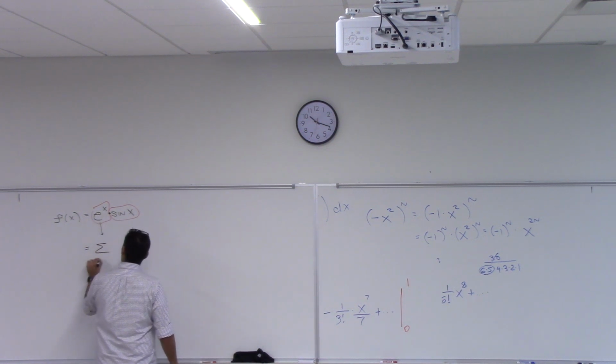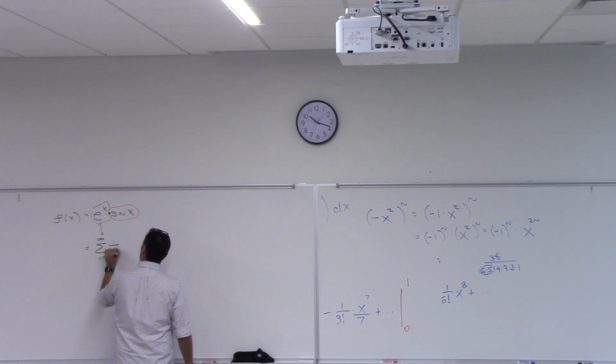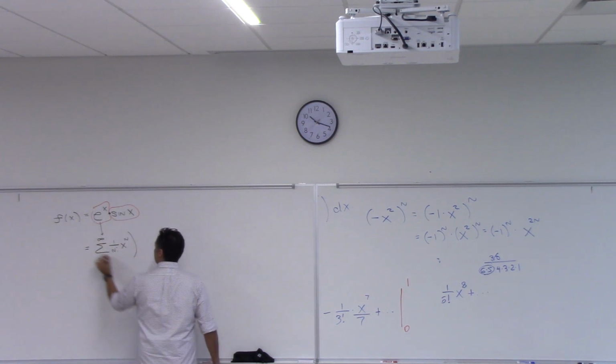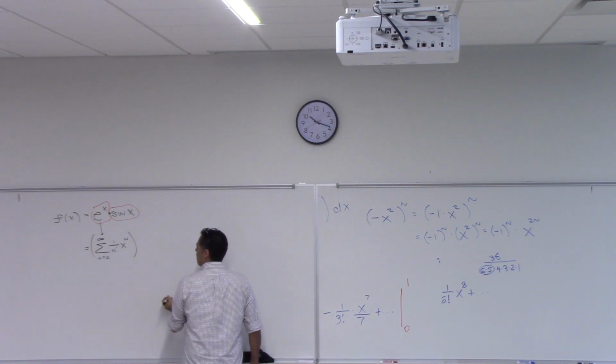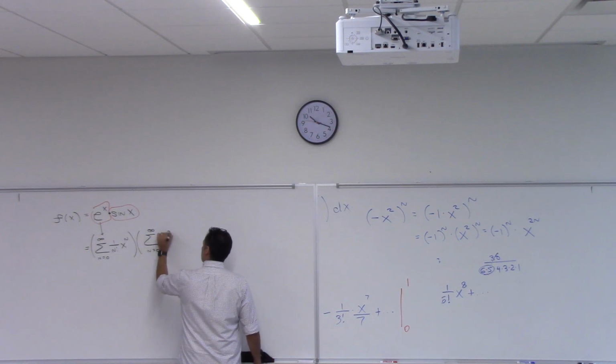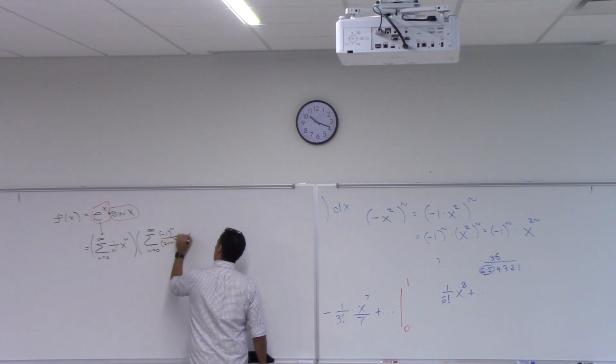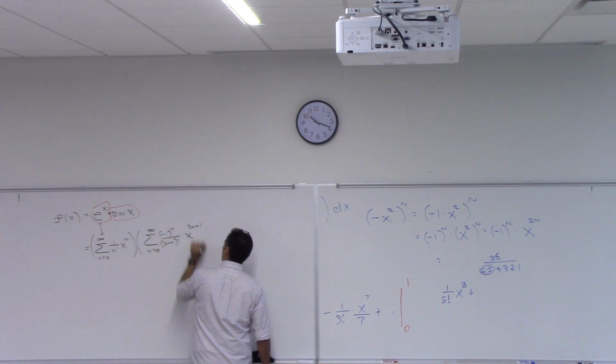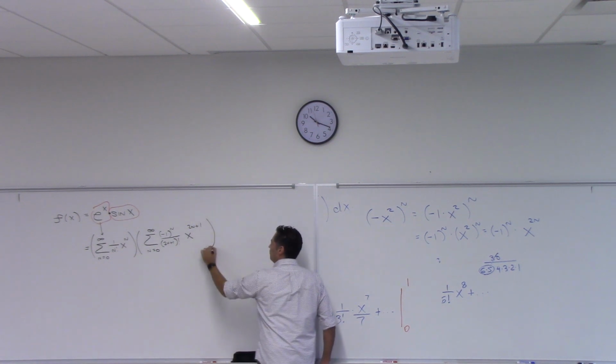It's sum n equals 0 to infinity, 1 over n factorial x to the n. That's e to the x, right? Sine x is sum n equals 0 to infinity of negative 1 to the n over 2n plus 1 factorial x to the 2n plus 1. We derived both of those, didn't we?